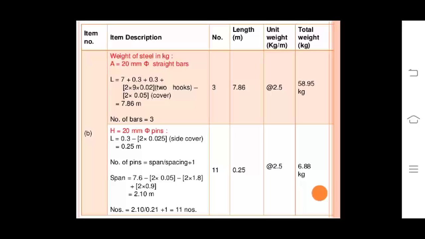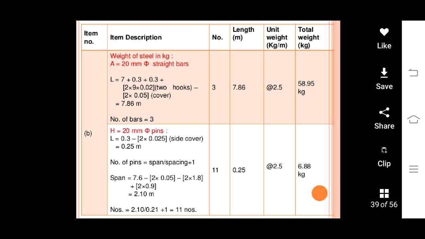For calculating the quantity of steel in kg, the first item is 20 mm high strength straight bars provided at the bottom. The length can be calculated by adding 7 plus 0.3 from both sides plus 2 times hook length, that is 2 times 9d, that is 9 into 0.02, and minus cover from both sides, that is 2 into 0.05.